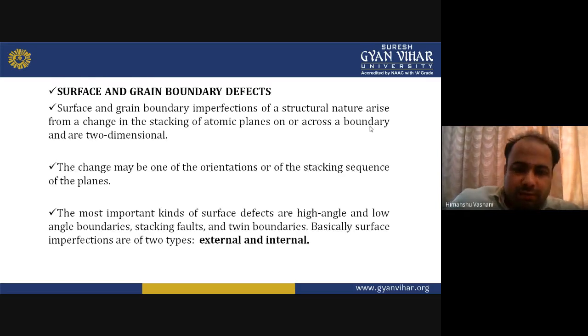So we start with surface and grain boundary defects. These are imperfections of a structure which arise from a change in the stacking of atomic planes on or across a boundary, and they are two-dimensional.